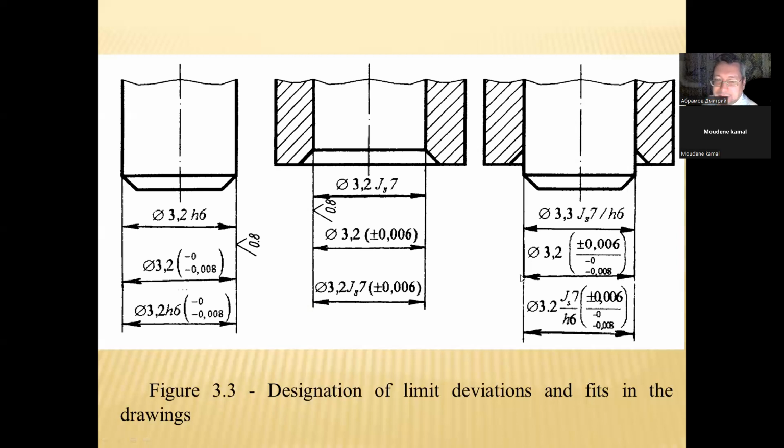And for the designation of fits, nominal diameter, then above the line upper and lower limit deviation of the hole, and under the line upper and lower limit deviation of the shaft.